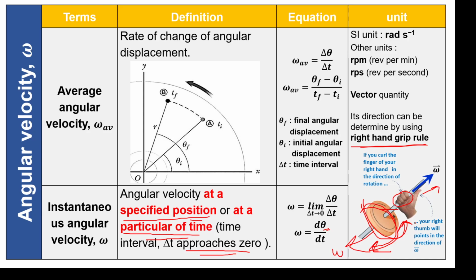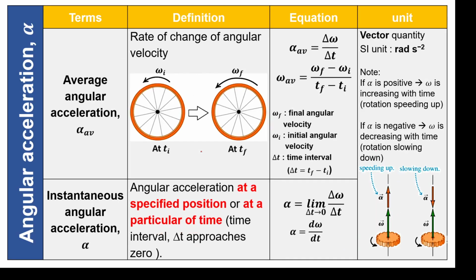I think you should be able to guess what our next term is. Since we've learned angular displacement and angular velocity, the final term should be angular acceleration. There are two terms you need to know: average angular acceleration and instantaneous angular acceleration. What's the definition of average angular acceleration?